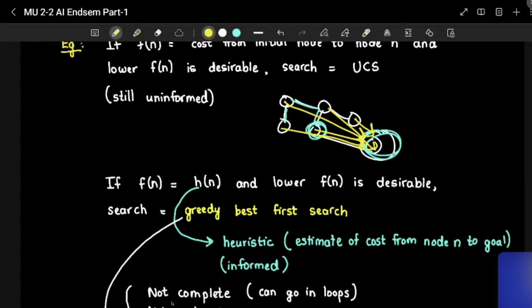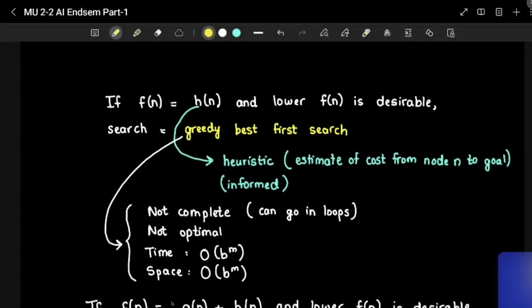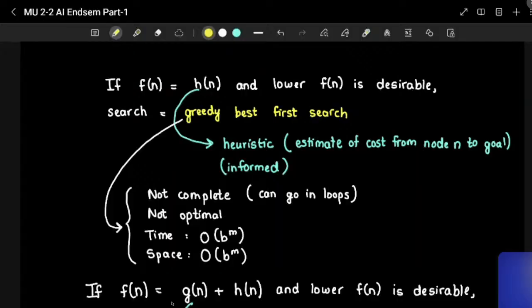In this case, the heuristic is the straight line distance from the current node to the goal node. That is one possible heuristic. Depending on the problem, the heuristic can change. But in general, it is the estimated cost required for me to transition from the current node to the goal node.